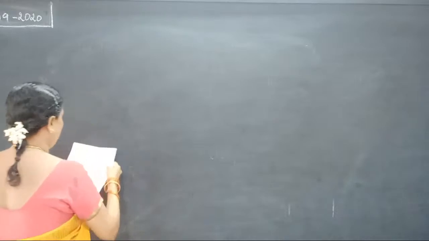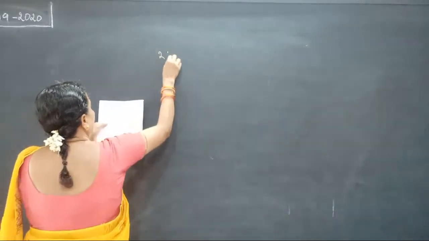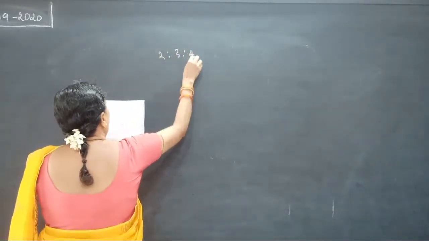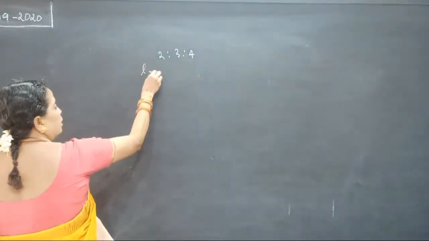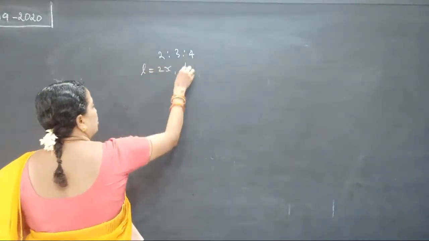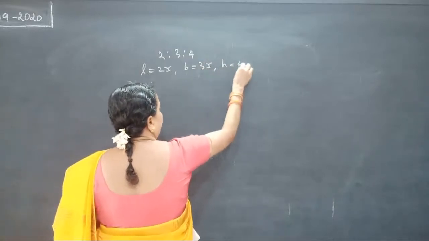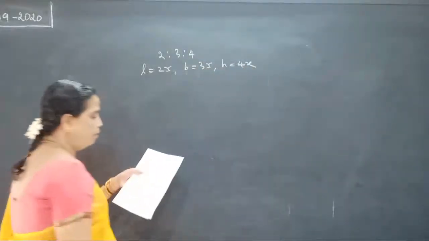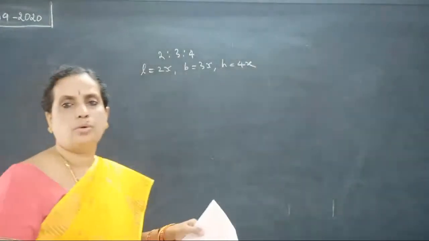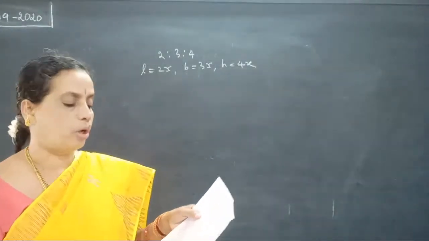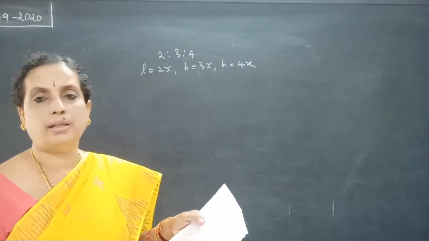The dimensions of the rectangular box are in the ratio 2:3:4. That is, length is 2x, breadth is 3x, and height is 4x. And you have to find out with this ratio the cost of polishing in two different conditions.